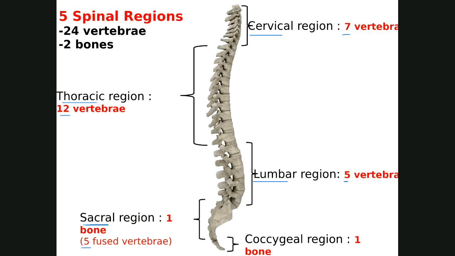So you have your sacrum, and then you have your coccygeal region, that's your tailbone, and that's 1 bone. So please learn those regions, become familiar with them, and you need to know how many vertebrae are in those regions.